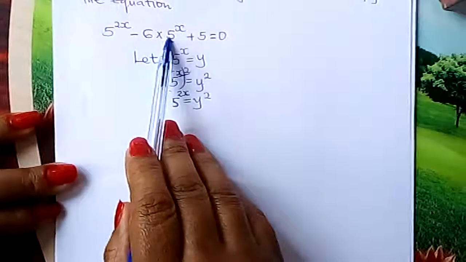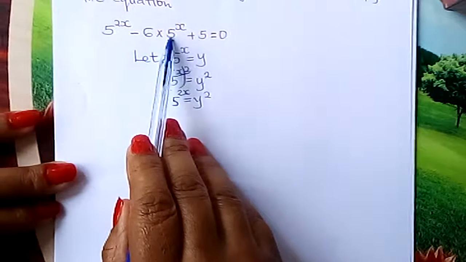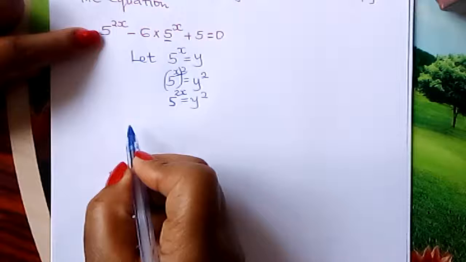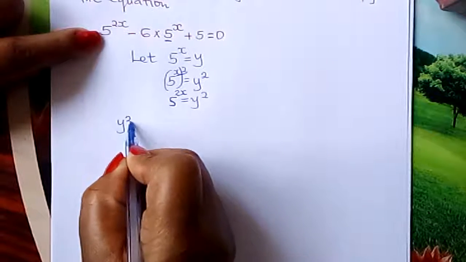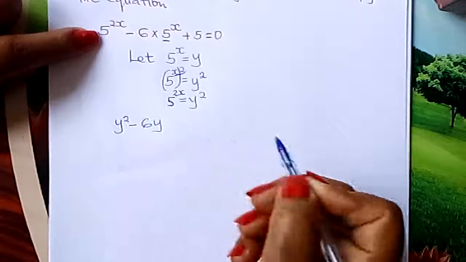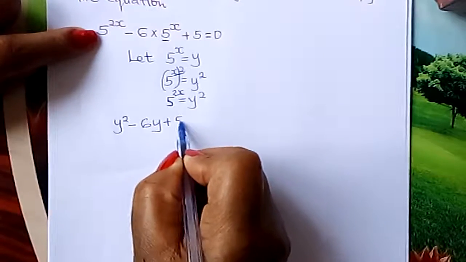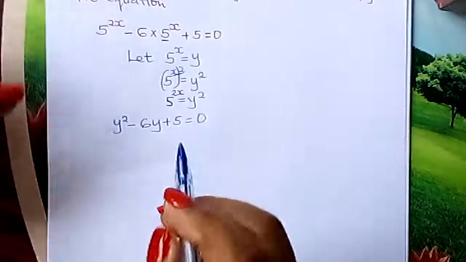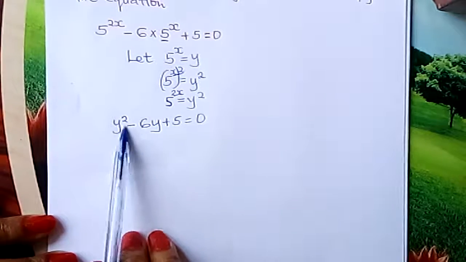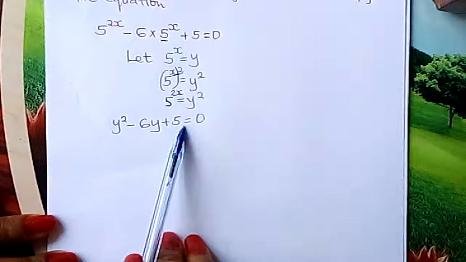We write y squared minus 6y plus 5 is equal to 0. We finally end up with a quadratic equation.